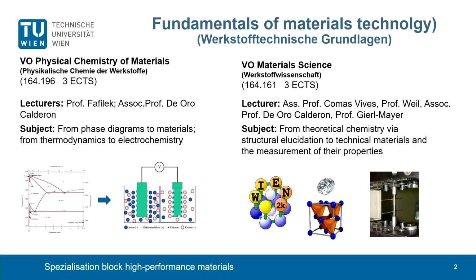So we have the blocks you have to do mandatory. This is the fundamentals of materials technologies. So we need to know what is going on with our materials. We have to do some basics here. Physical chemistry of materials differs a little bit from the physical chemistry you have already learned about.